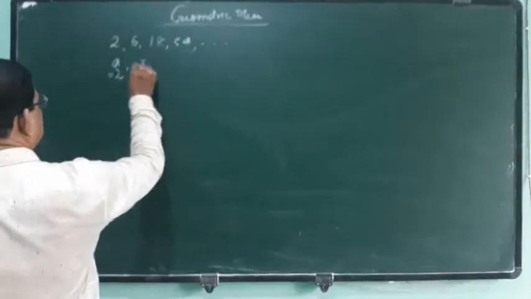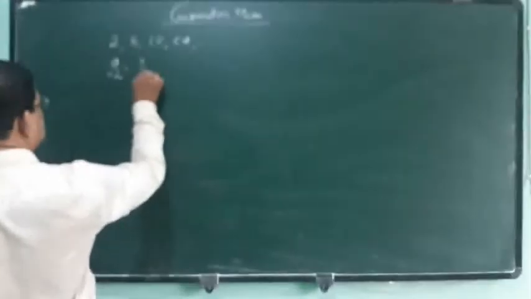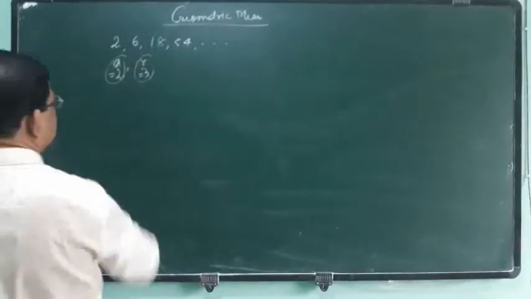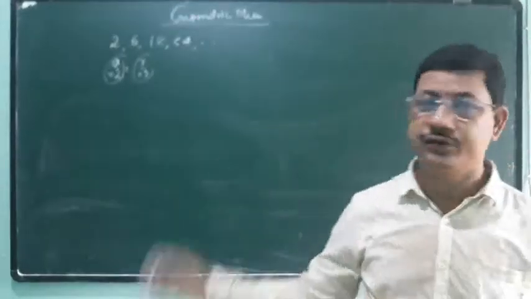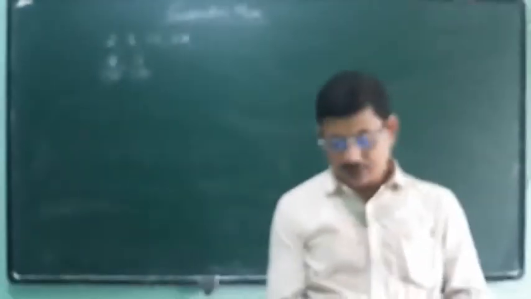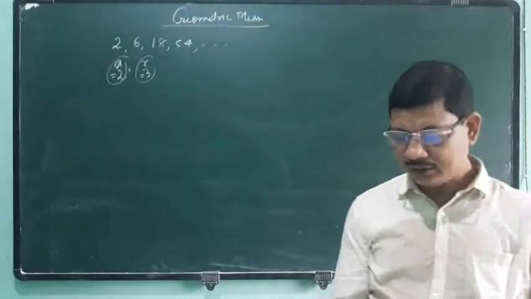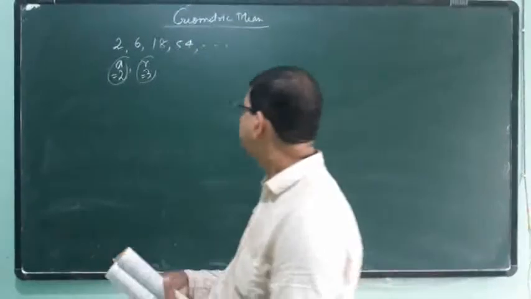If we take the first term as 2, the common ratio is 3. You see that it is proceeding by multiplying. So this can be called a geometric series.